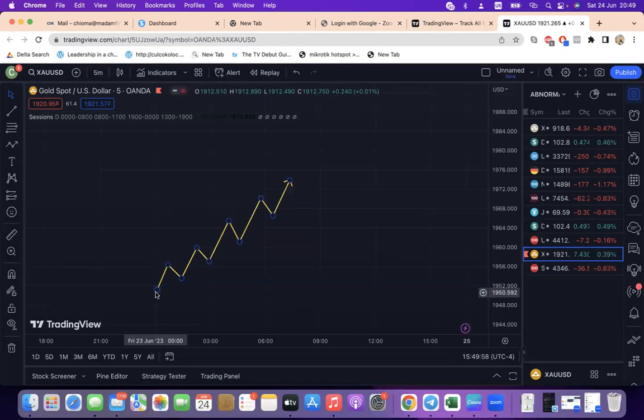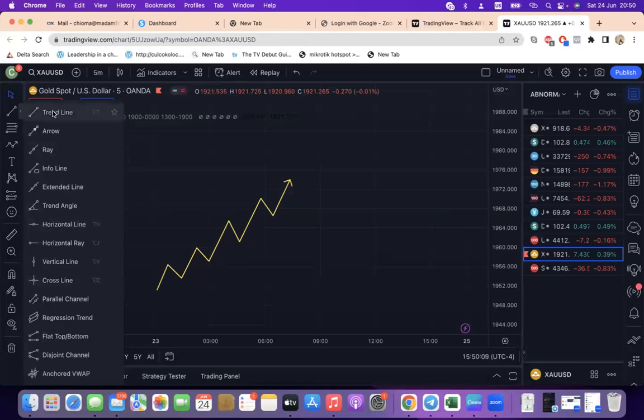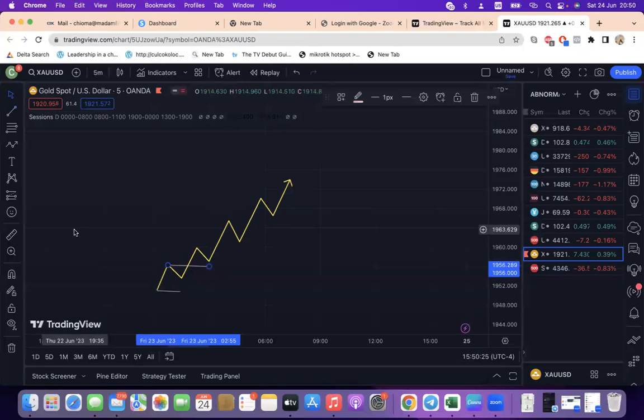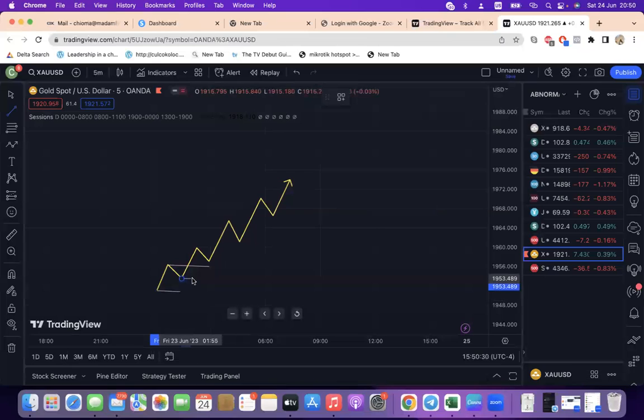So when you have an uptrend this way, and you see this happening, this is your low, this is your high, this is your higher low, and another, and then you have a higher high right there.